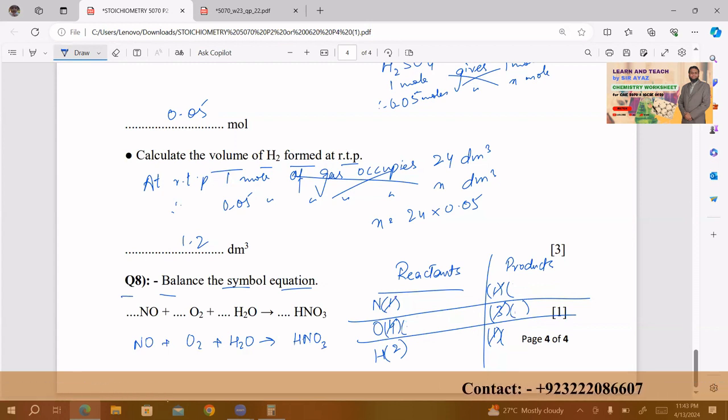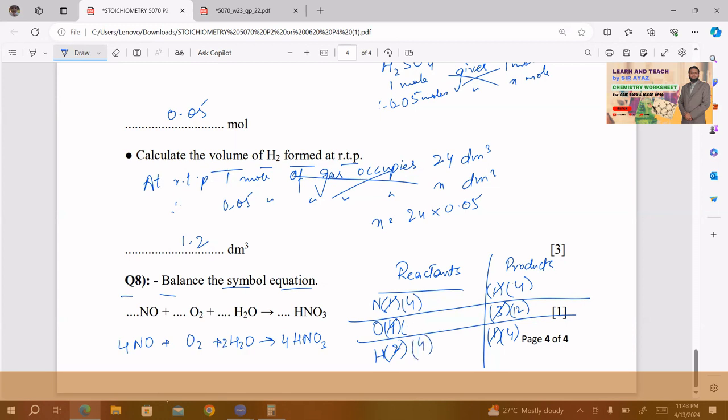So instead of placing 3, let's directly place 4 before HNO3 and see the number of atoms of each on the product side. Nitrogen becomes 4, hydrogen becomes 4, oxygen 4 times 3 is 12. Now on the reactant side, what if I place 4 before NO? Nitrogen becomes balanced. In order to balance hydrogen, I have to place 2 before H2O. Hydrogen is also balanced.